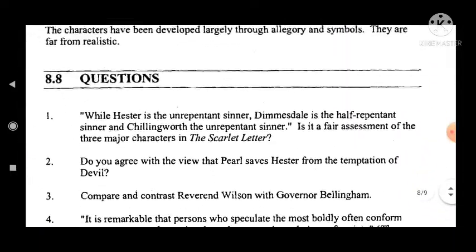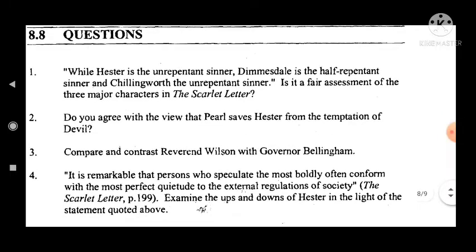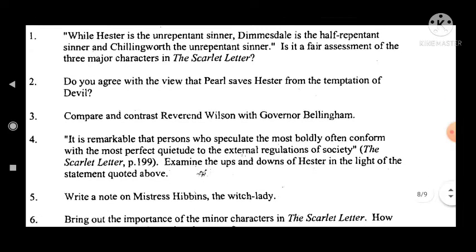Then come to the questions. While Hester is the unrepentant sinner, Dimmesdale is the half-repentant sinner, Chillingworth the unrepentant sinner. Is it a fair assessment of the three major characters in The Scarlet Letter? Question number 2. Do you agree with the view that Pearl saves Hester from the temptation of the devil?